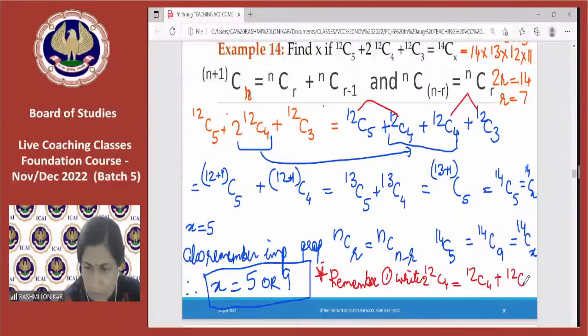That is the first step, the first important thing you have to remember. The second important thing is using NCR to be equal to NCN minus R. These two things are very important.